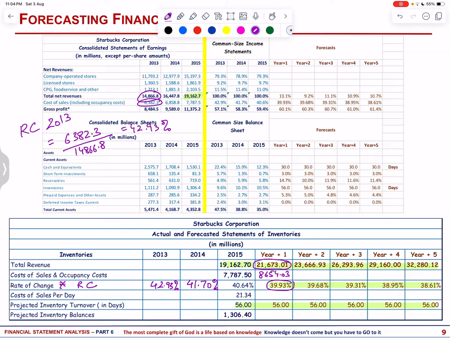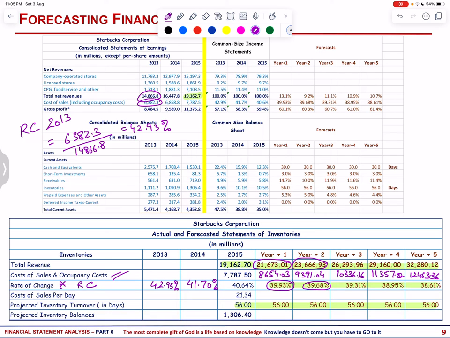For year number 2, the cost of sales and occupancy rate will be 39.68 times 23666.93, and that will be equal to 9391.04. And we can calculate in the same way for the others. This will be 10,336.16, 11,357.82, and 12,463.36. So that's how we calculate the cost of sales and occupancy cost, and that is how we have done it.